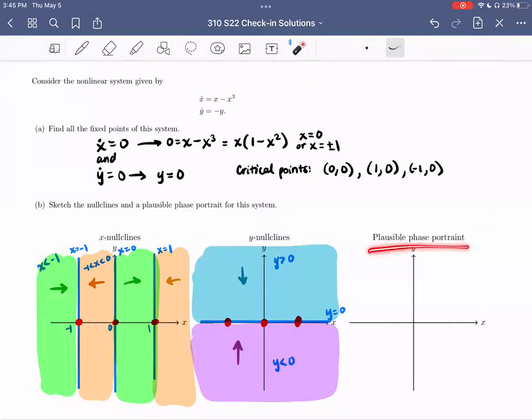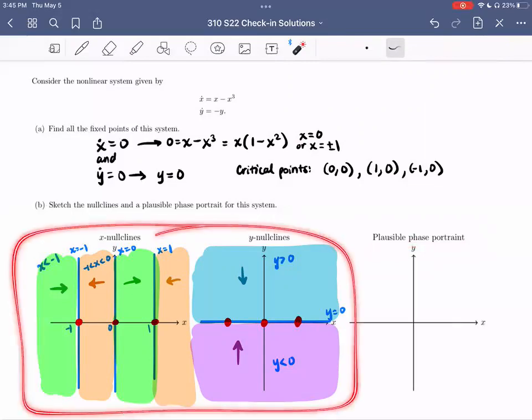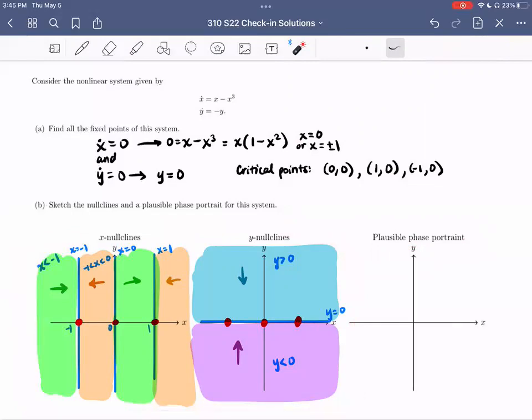Now to sketch a plausible phase portrait, it's not exact, it's just a sketch. We're going to combine these two situations. So let's briefly outline the nullclines here. The x nullclines are these vertical lines, and the y nullcline is this horizontal line here.